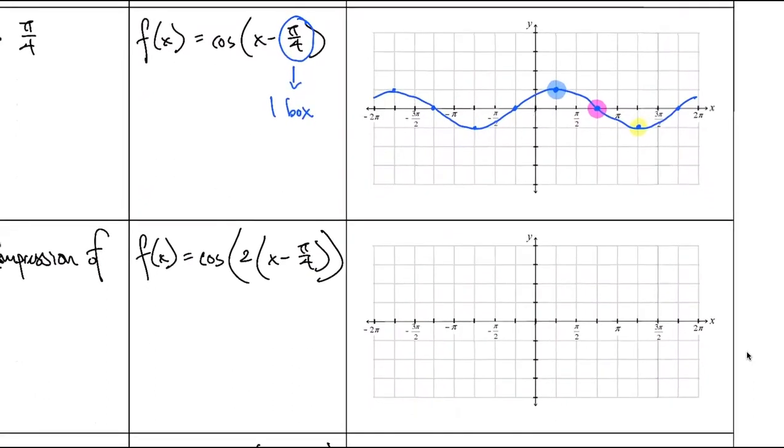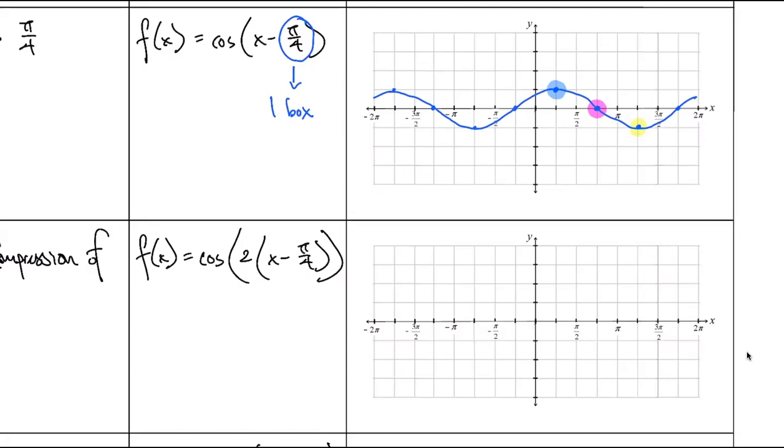What is the 1 point that's going to stay in this next graph? Right, we've got a bunch of points from the previous graph, the blue one, the pink one, the yellow one. Which one is going to stay?